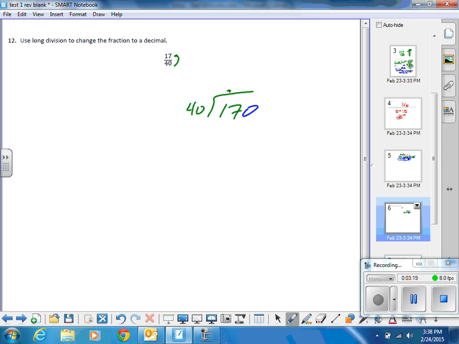40 goes into 170. 4 times 40 is 160. Now I subtract, I get 10. Well, 40 still can't go into 10, so I need to drop down another 0. That's a 0. 40 goes into 100 twice. 4 times 2 is 80, minus, I get 20.